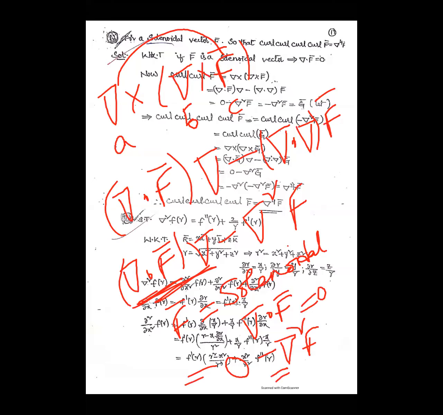I put a name Z bar. So the result of curl curl F bar is minus del square F, and I replace it by the name Z bar. So finally, curl curl F bar value is Z bar. Next, I apply the remaining two curls to the resulting value.